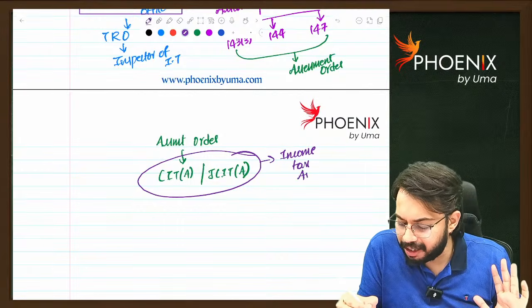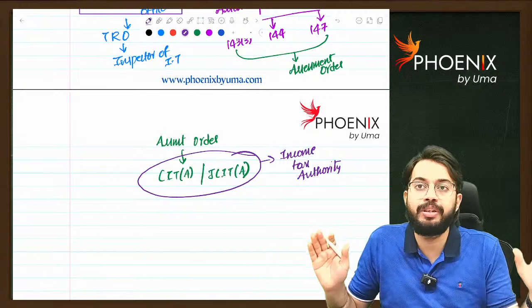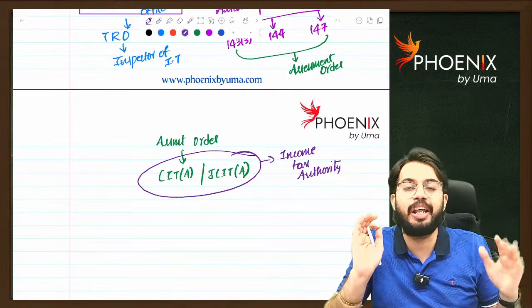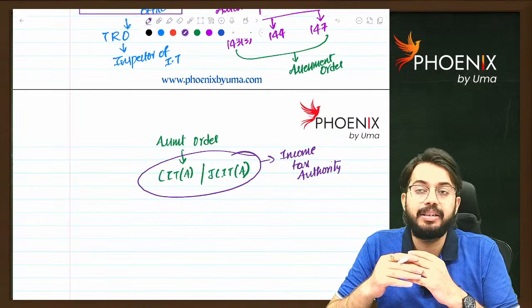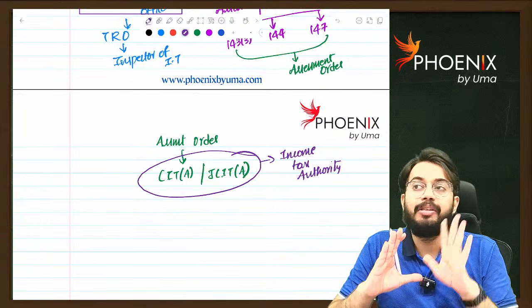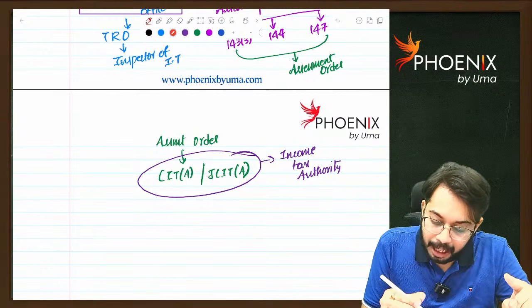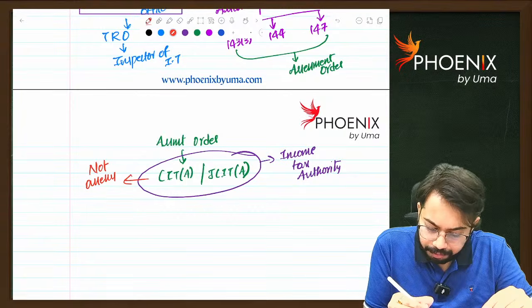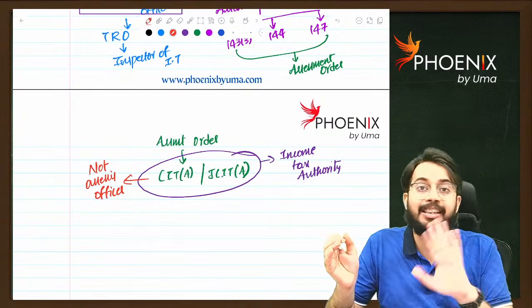They are also part of the department. They are not outsiders. Inside the department only, there is a separate judicial authority that we call CIT Appeals or JCIT Appeals. My dear students, please remember CIT Appeals, JCIT Appeals are income tax authority, but they are not assessing officers.